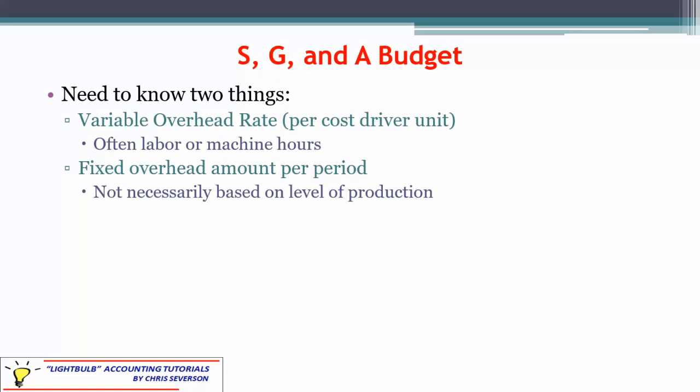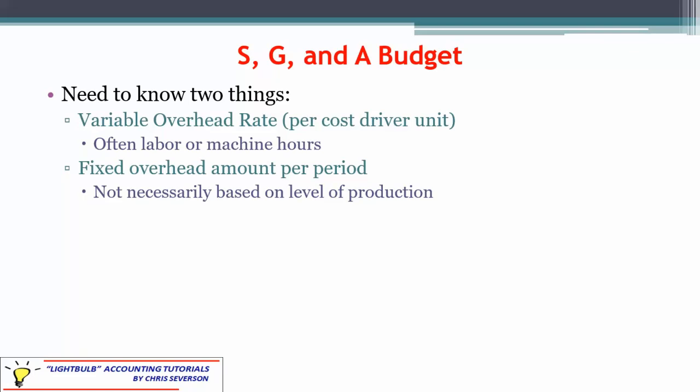Like the manufacturing overhead budget, we need to know two things. We need to know the variable overhead rate per cost driver unit. Sometimes this is just the number of units sold, and it quite frequently is. Sometimes it's sales dollars. You could be going back to labor or machine hours, but that's more production related, so it tends to more commonly be something sales related.